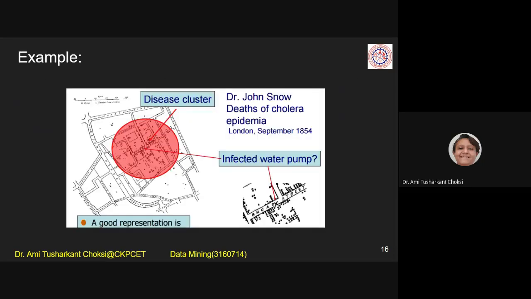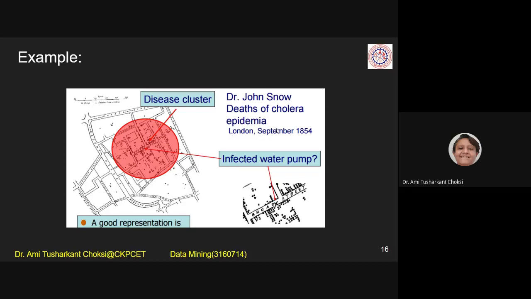Now here is one example. One place is given in the figure. The figure was already available on the net, so I have taken that. Here the deaths from a cholera epidemic are shown.